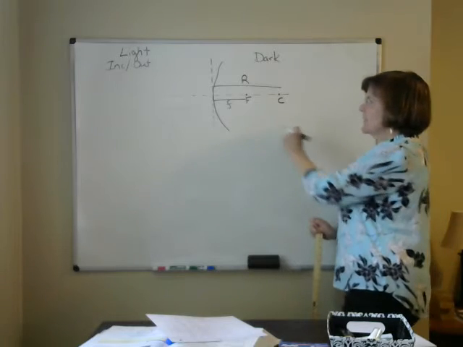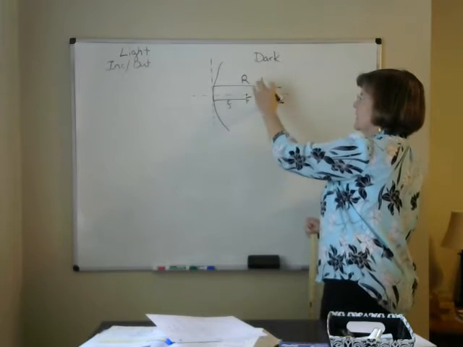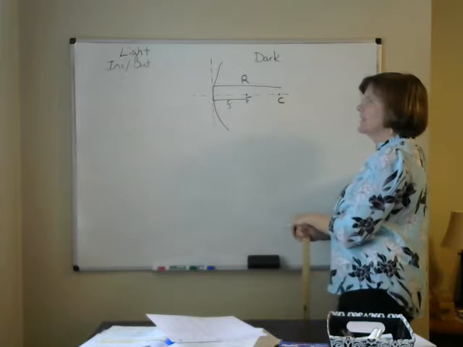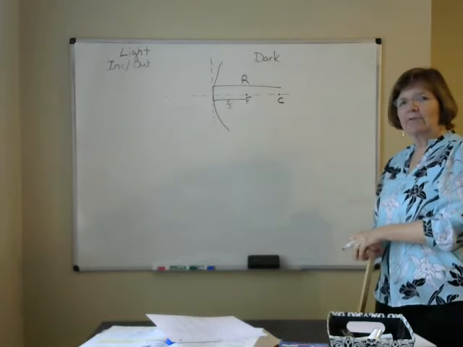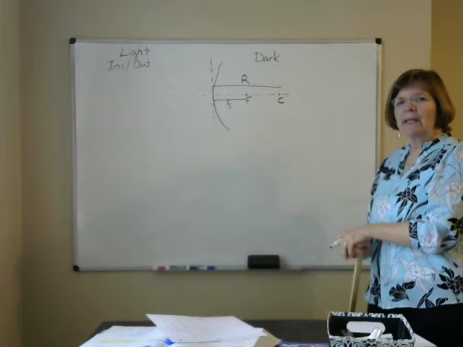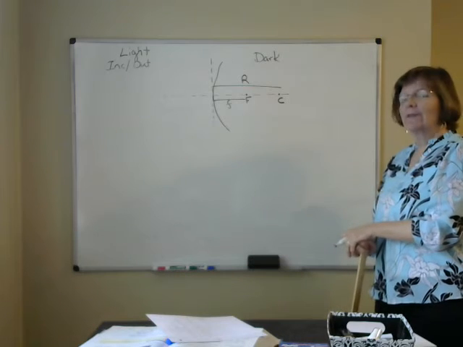In this case, these quantities are not on the side of the outgoing light. So we consider it to have a negative radius of curvature, and we consider it to have a negative focal length.